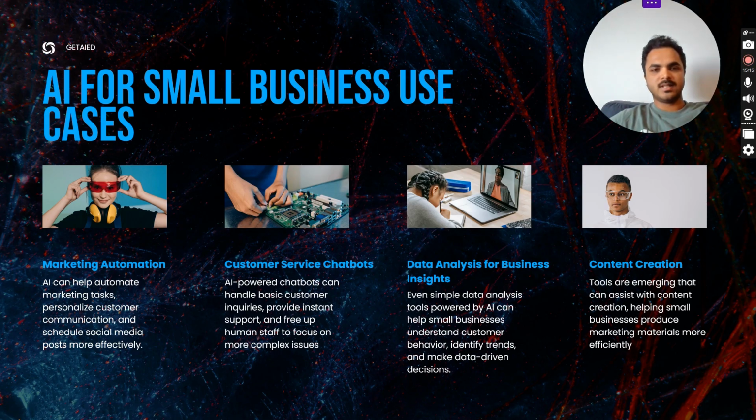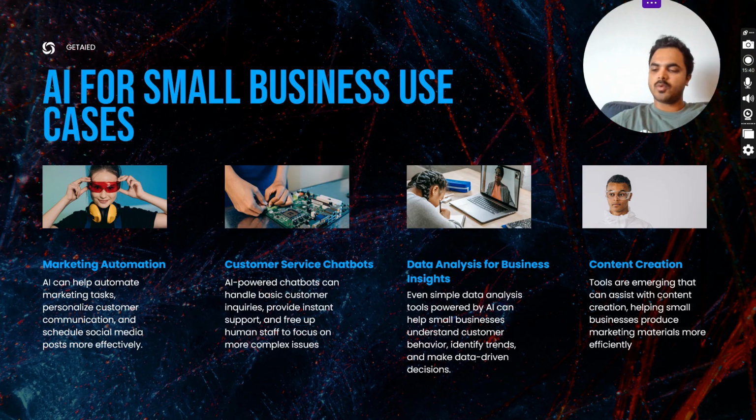Some small business use case scenarios. Marketing automation. The marketing campaigns that you have to do for your business can be automated by AI. Usually what happens is we send a generic mail to everyone. Even when we send a cold mail to reach out to customers for sales, we send a generic mail to everyone.